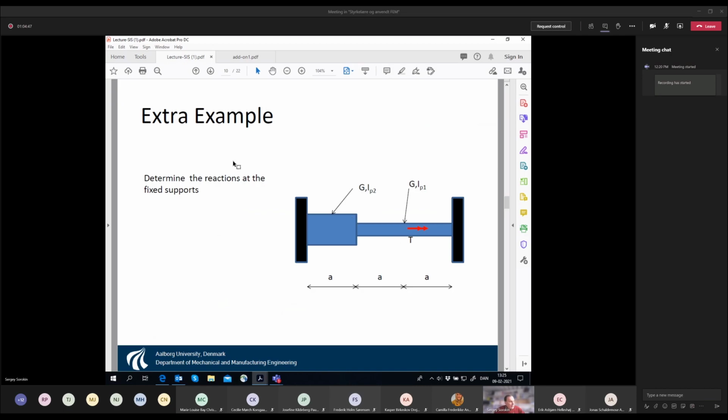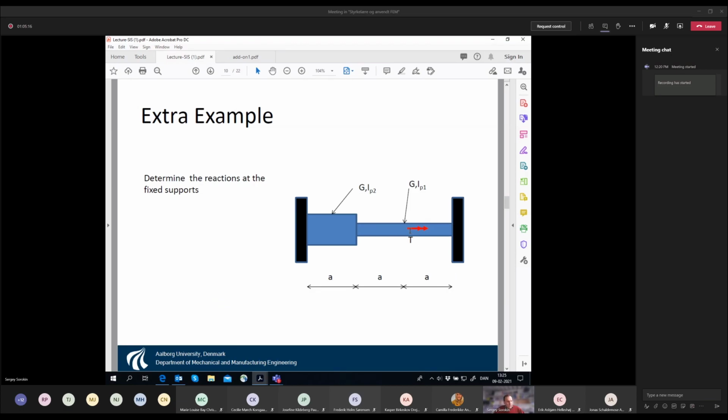And then another case, another point here. Now we have a step shaft. We have a shaft of stiffness GIp1 and GIp2. So it's two shafts, and they are welded at the left end and at the right end.